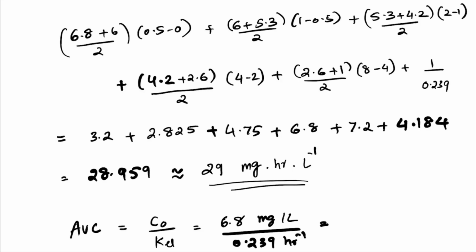So let's see what we're going to get. It is 28, and if you round it to one decimal place, it's 28.5, again, milligrams hours per liter.